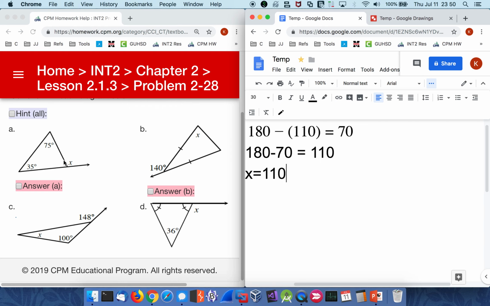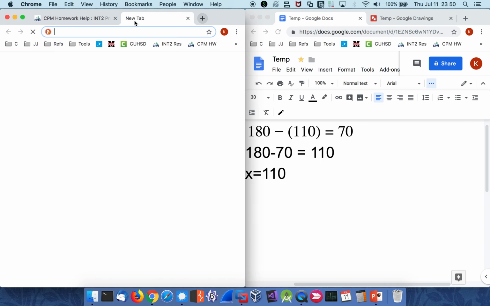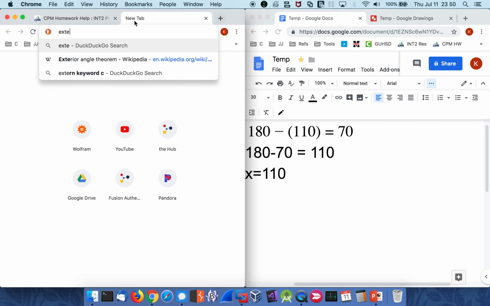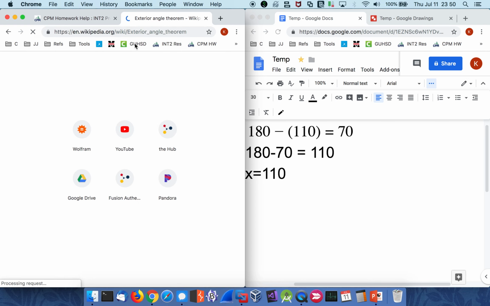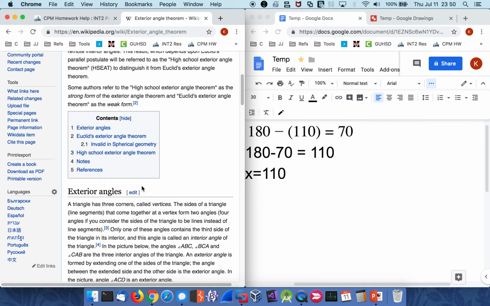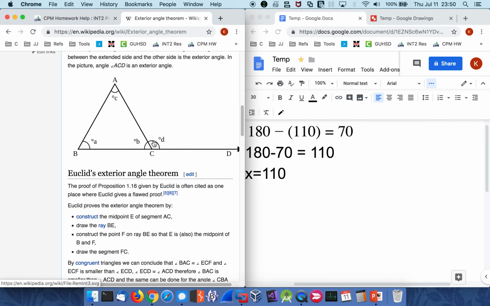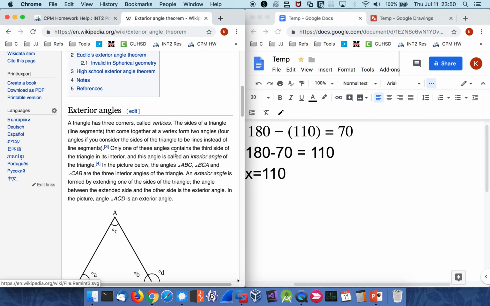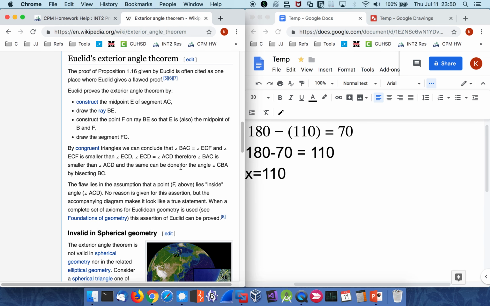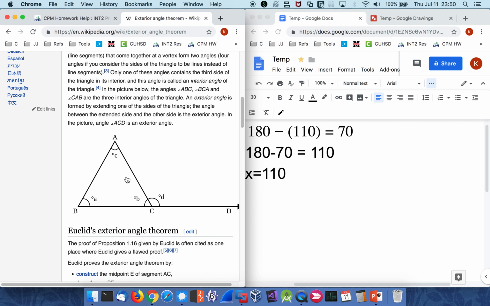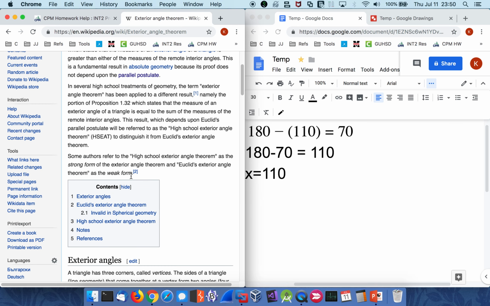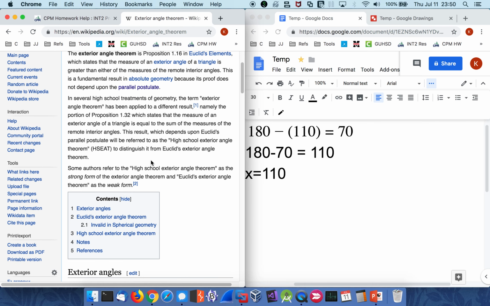I guess we could have looked that one up, because we saw in one of the previous problems the exterior angle theorem right here, that D is equal to C plus A. I think they say that somewhere in here. That's funny.